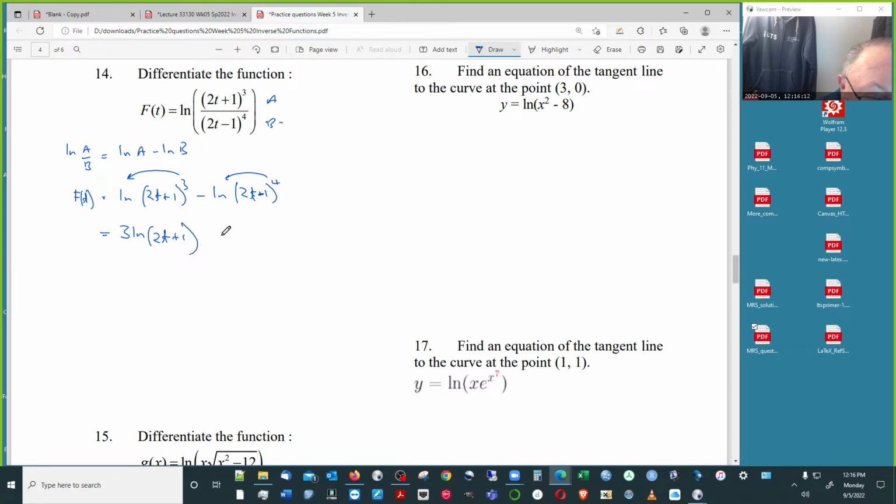Now we no longer have these chain rules that go double chain. Okay, so just be careful with that. Alright, the logs allow us to pull these apart.